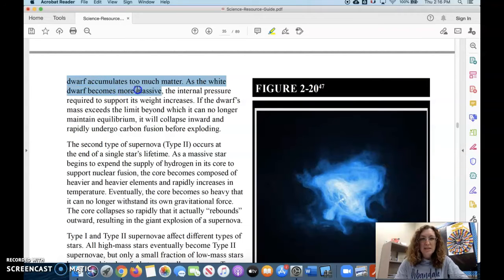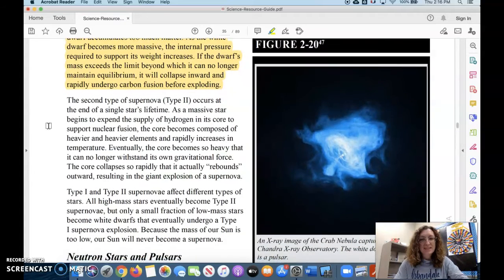As the white dwarf becomes more massive, the internal pressure required to support its weight increases. If the dwarf's mass exceeds the limit beyond which it can't maintain equilibrium, remember, static equilibrium, it will collapse inward and it will rapidly undergo carbon fusion before exploding. Super awesome. I would love to watch one of those.